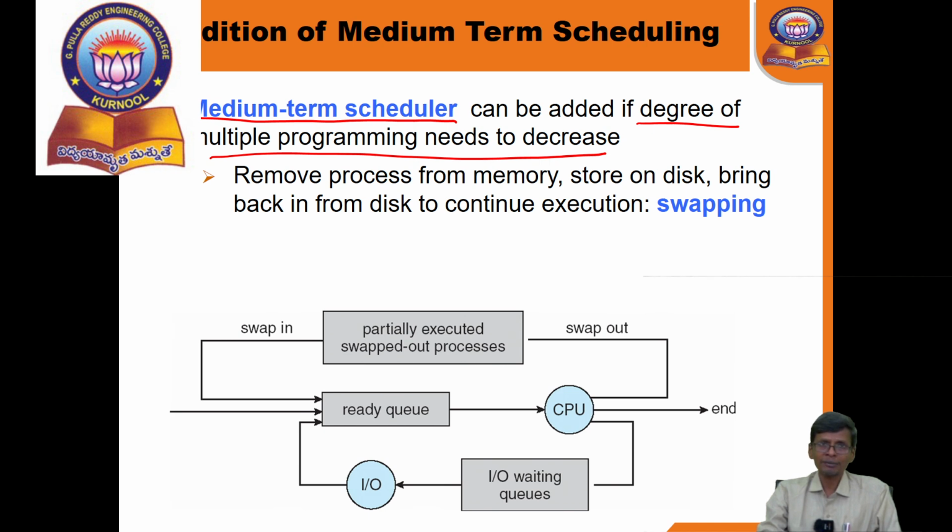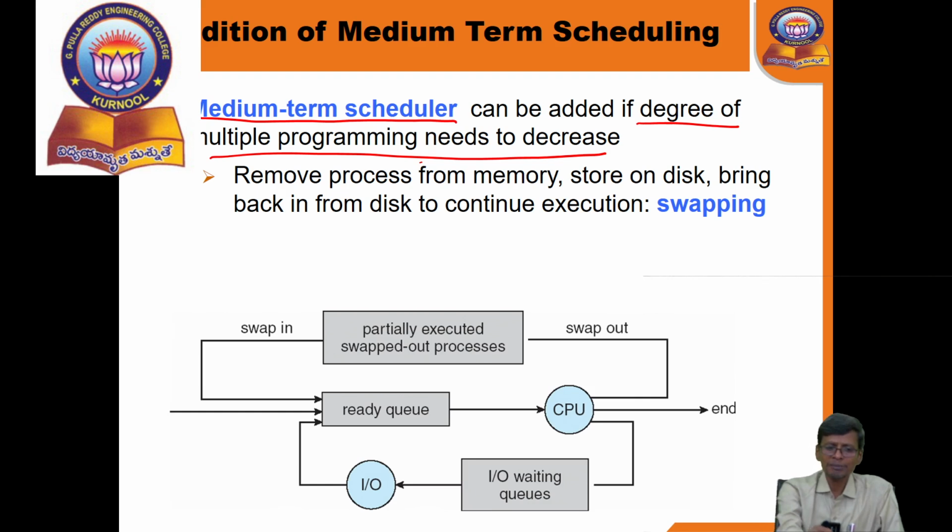If more programs are present in the main memory, then the access time will increase, and you have to do job scheduling frequently. So to decrease the access time, to increase the performance of the main memory, and to reduce the number of job scheduler operations, you have to decrease the number of programs present in the main memory. For decreasing the degree of multi-programming, we can use the medium term scheduler.